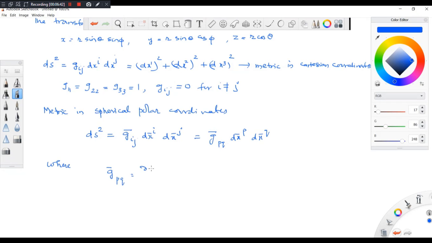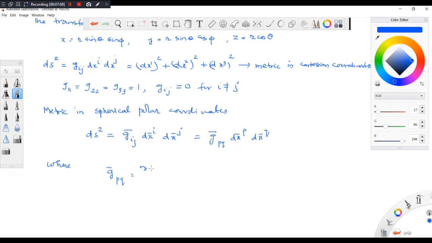This is a transformation. So you want to make your transformation by using this. If I want to change from Cartesian coordinates to spherical polar coordinates, this g bar ij's or g bar pq's are obtained from this one. So this is something which you should remember.